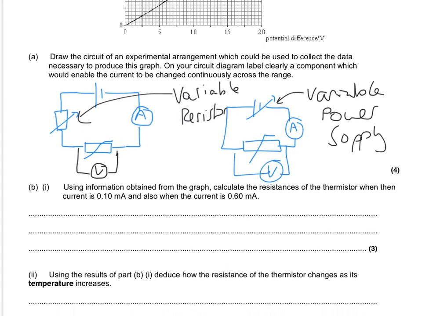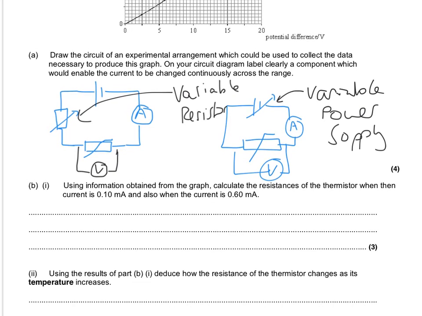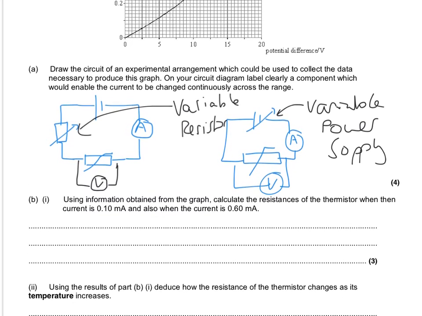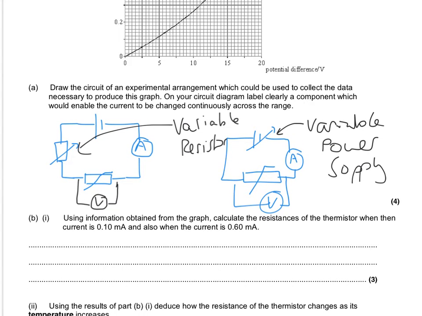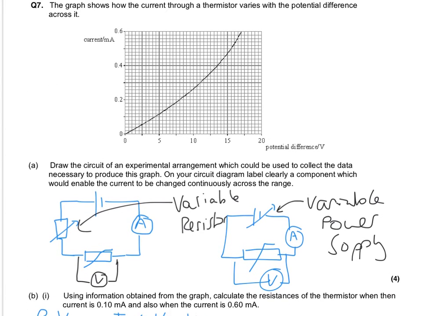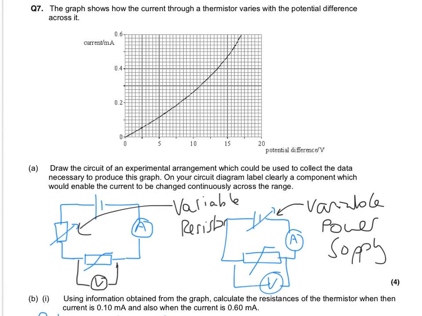Okay, so using information obtained from the graph, calculate the resistances of the thermistor when the current is 0.1 milliamps and also when the current is 0.6. Remembering, to get the resistance we need V over I. So when I is 0.10, V is, so lots of people when they did this question read the wrong value off the graph because they weren't looking at the scale properly.